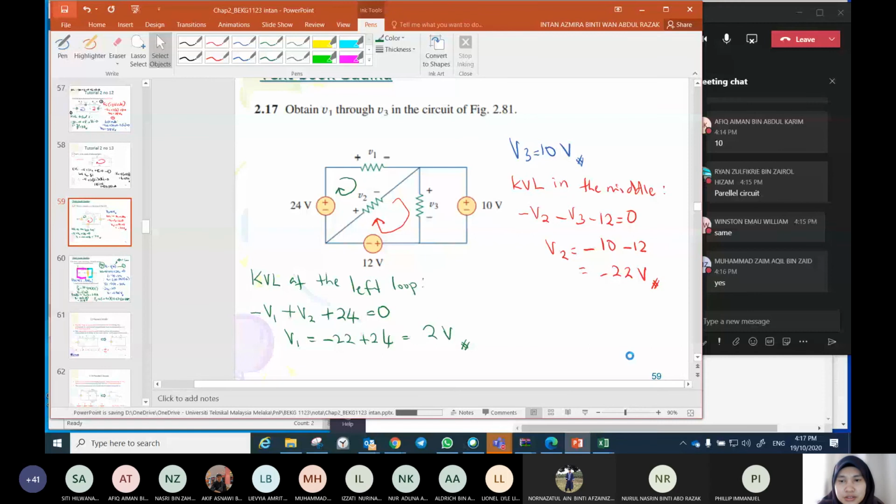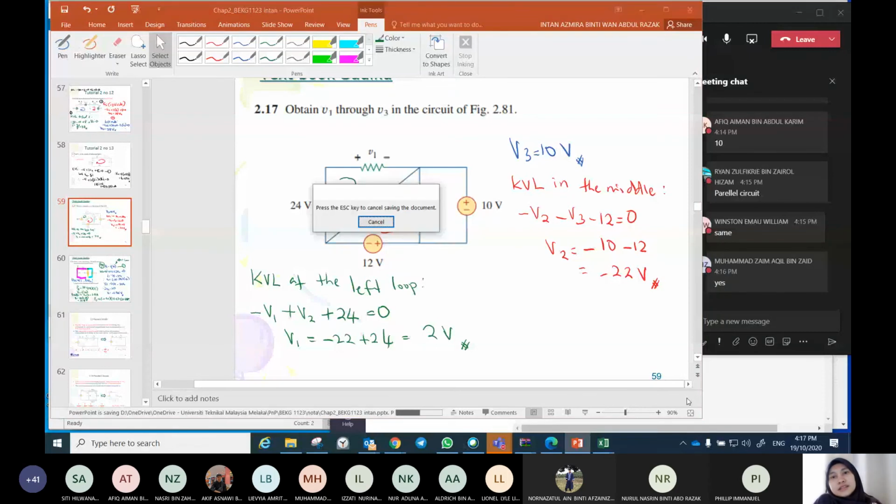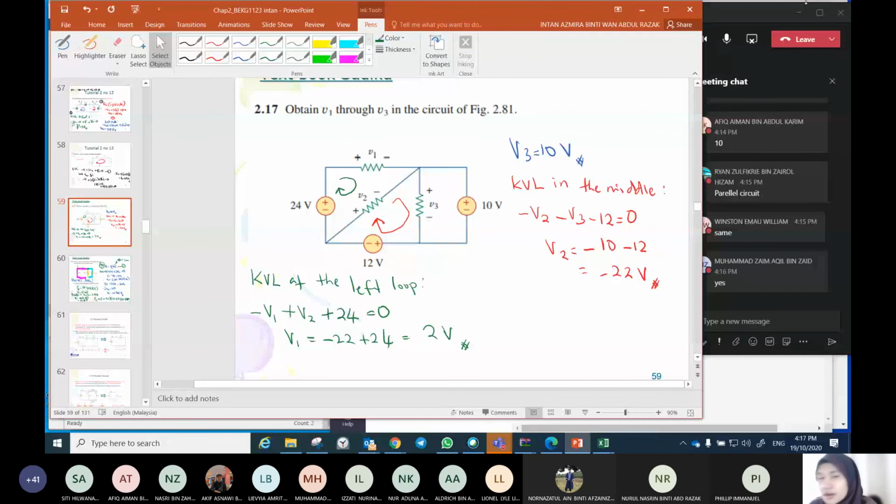Any other question? Actually, this subtopic of Kirchhoff's law should be taught next week, but I think Ohm's law is quite simple, because when we solve KVL and KCL questions, we will apply Ohm's law as well.